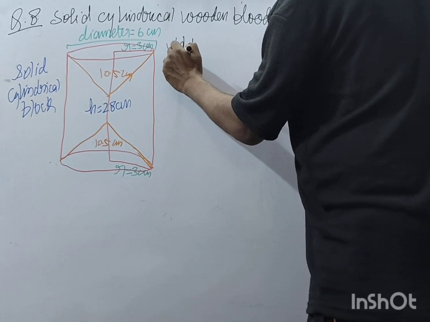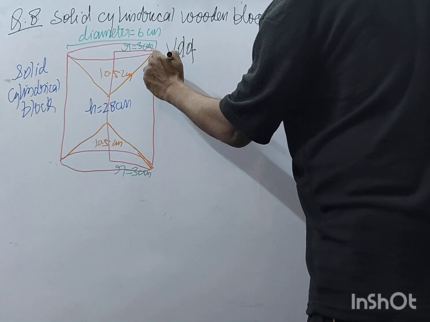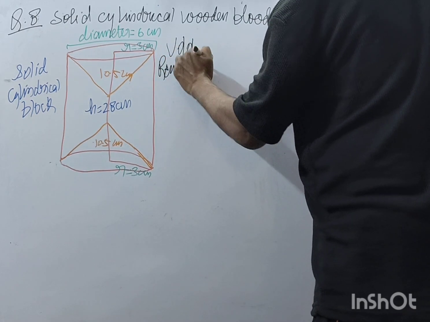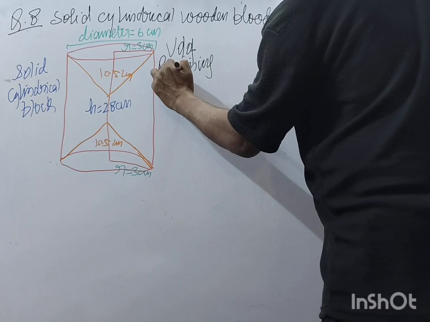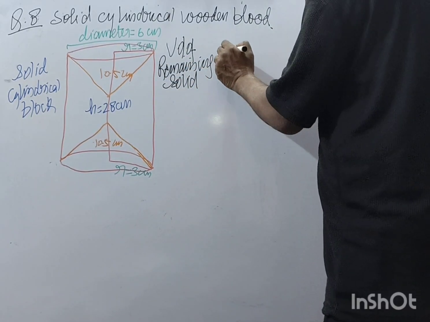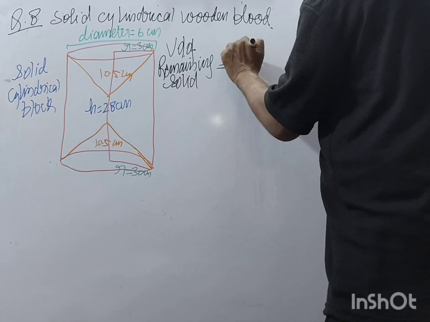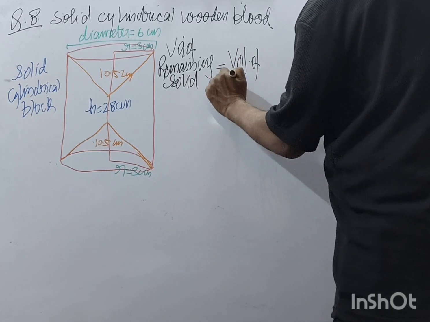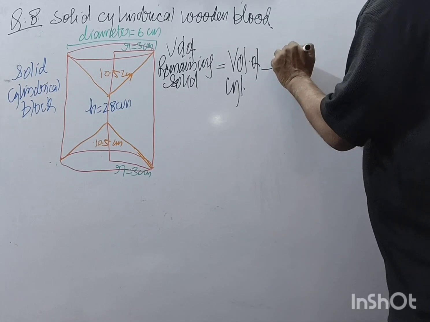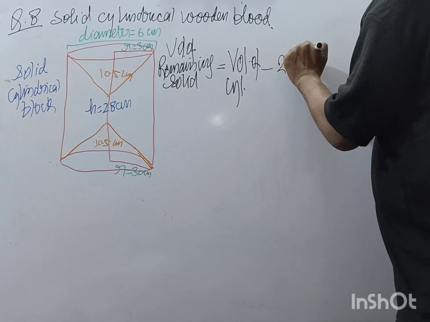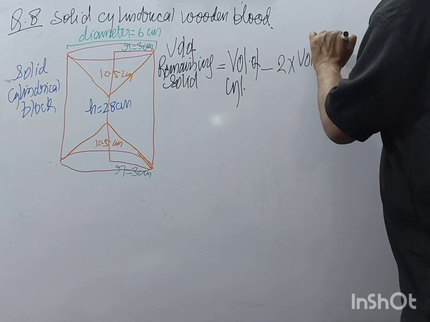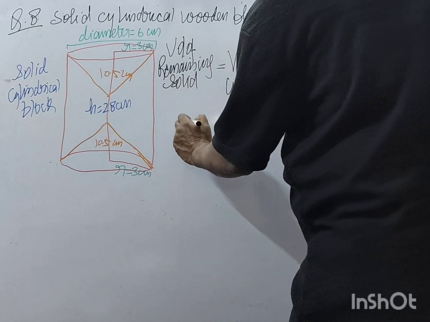Volume of remaining solid is equal to volume of cylinder minus 2 into volume of cone.